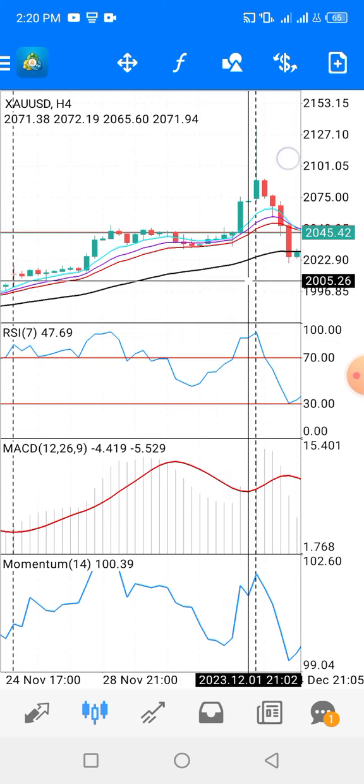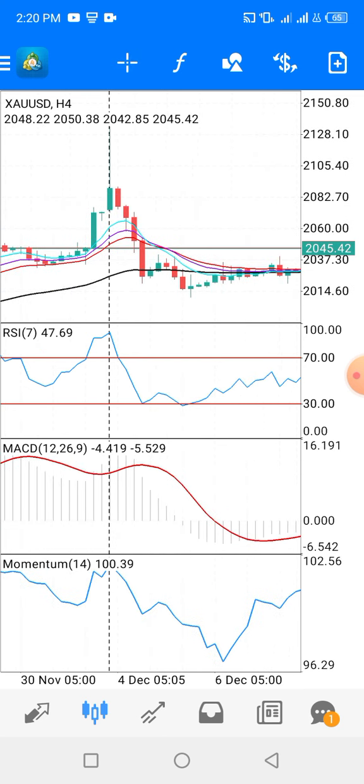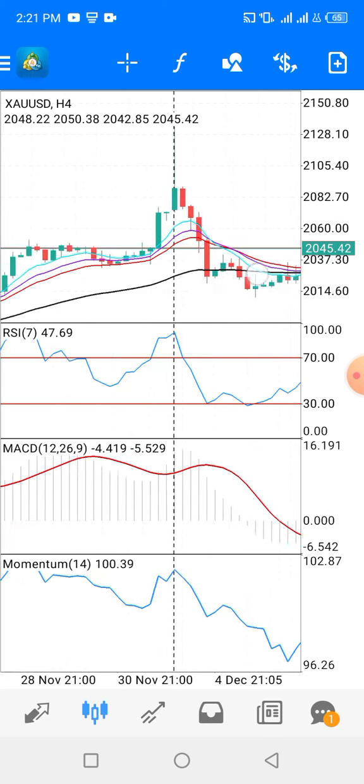We have made more than the 24 pips over here. One good thing about this strategy is that it has a winning rate of 85%. So all that you need is your money management. It's a very good strategy.